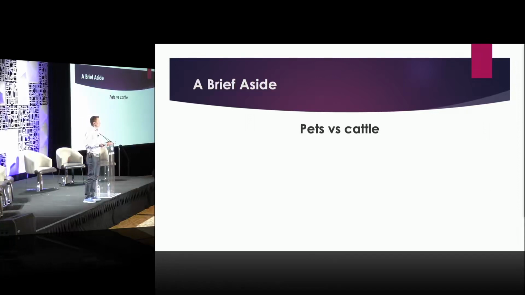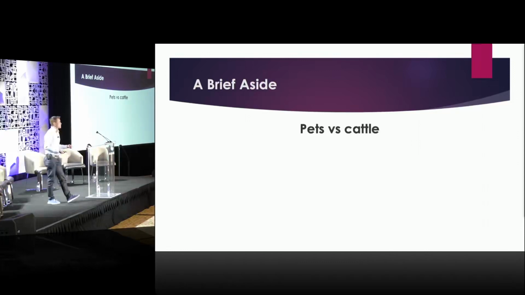With cattle, it's not so much, right? We don't care about them on an individual basis. We don't name them. They get some sort of a serial number or a barcode or something. We don't particularly love them on an individual basis, even though we might enjoy them at dinner. And when they get sick, we probably don't really take care of them much, right? We shoot them in the head and we get a new one.